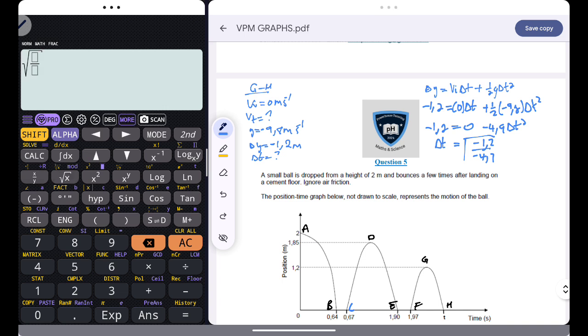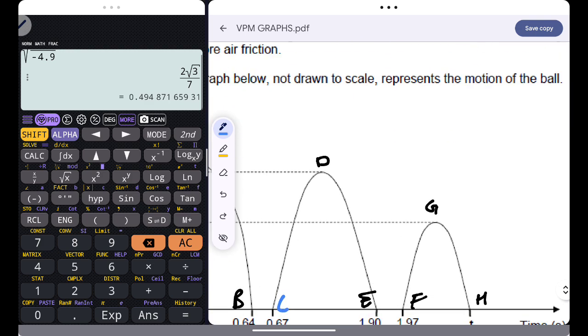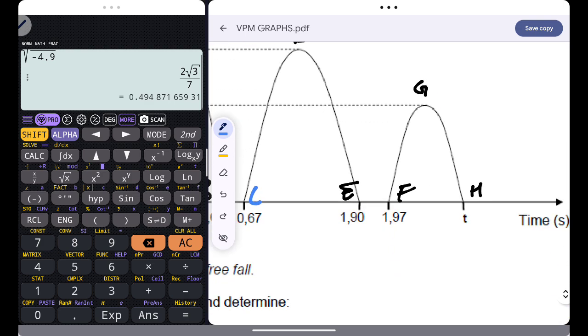So I'll just say the square root of negative 1.2 divided by negative 4.9. I'll simply get 0.45 seconds. Are you together? So the ball took 0.45 seconds to move from maximum height.